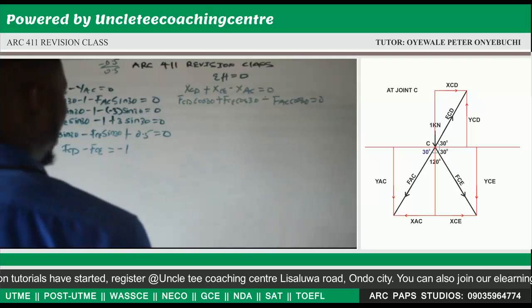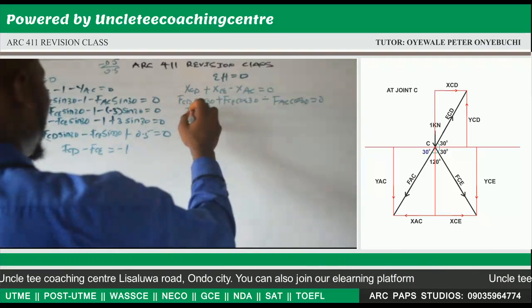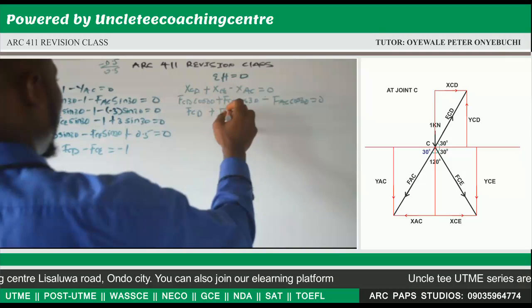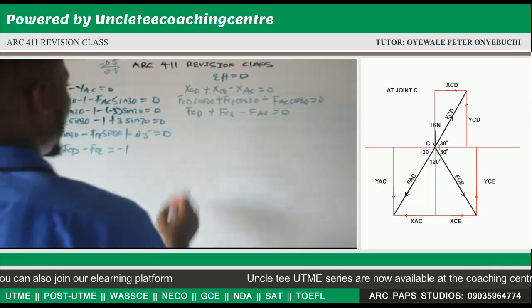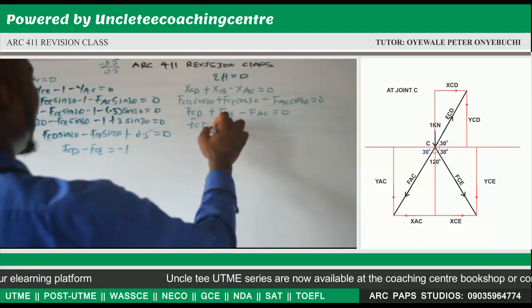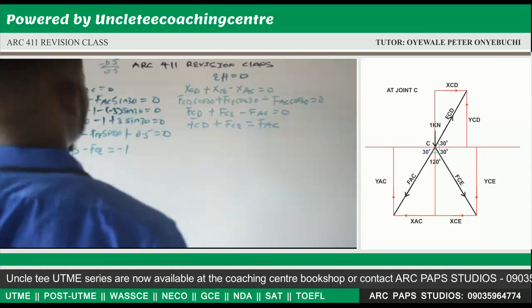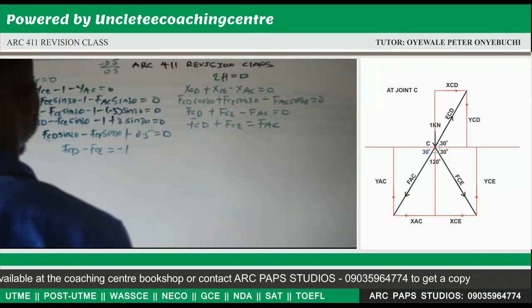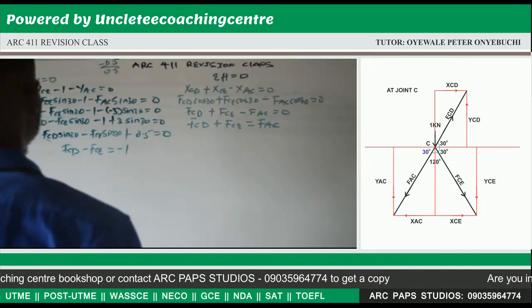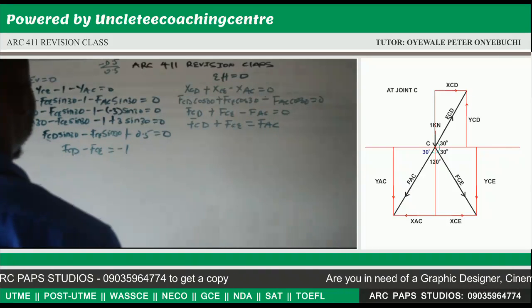Now this will give us, if we divide through by cos 30, FCD plus FCE minus FAC is equal to 0. Now it means that FCD plus FCE is equal to FAC.